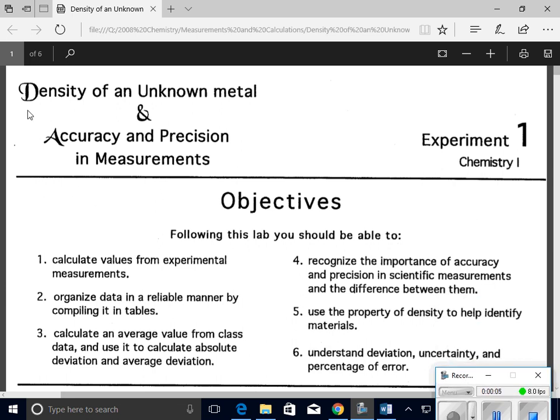Braun, and today we're going to discuss density of an unknown metal and accuracy and precision in measurements.